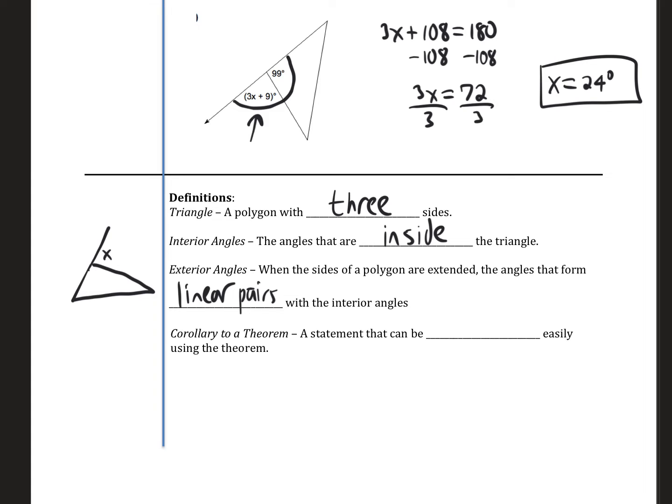So basically if you extend one of the sides, the angle that's formed with the outside of the shape, that's going to be, let me fix this actually, it should go like this. So that should be Y, and that should be Z. Okay, so those are exterior angles. They make linear pairs with the inside. This would be a linear pair, right? Okay, a corollary to a theorem is a statement that can be proven easily using the theorem.